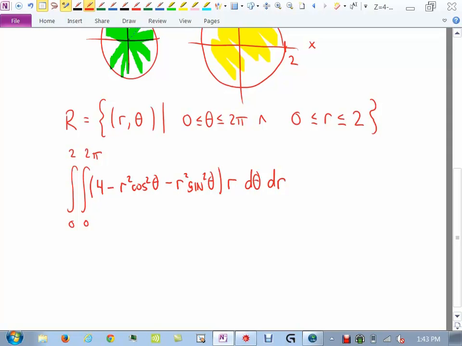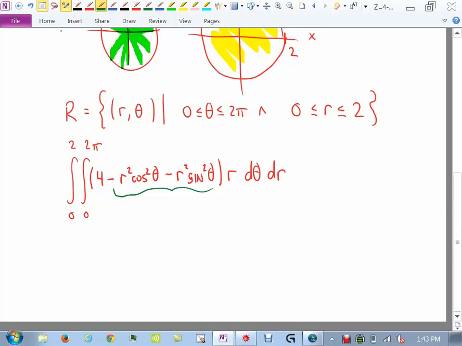We're cleaning that up. We're going to factor out a -r squared from the second two terms there. If we factor a -r squared out of just those two terms, we're left with cosine squared theta plus sine squared theta, which is 1. Right?